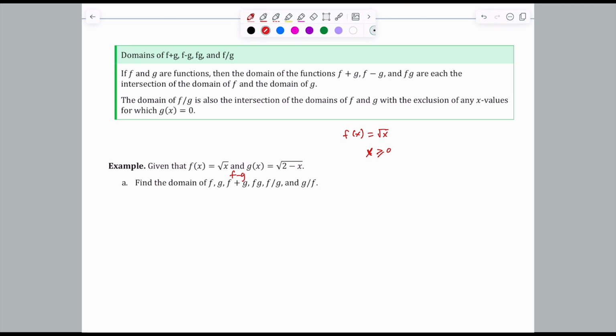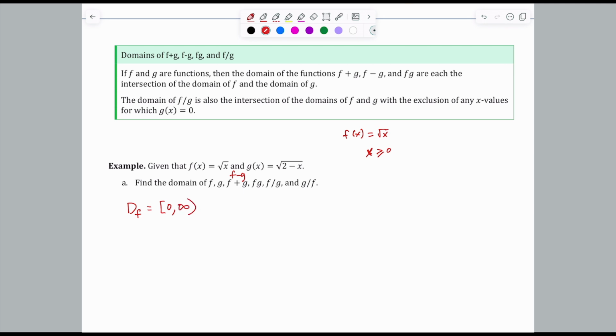It has to be greater than or equal to 0. Okay, so then that means the domain of f, and I'm going to abbreviate so I don't have to write so much, we use a capital D for domain and a subscript of f to indicate the domain of f. And this equals all real numbers greater than or equal to 0. And I'm going to use interval notation here.